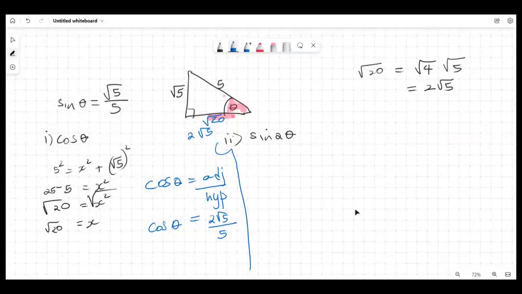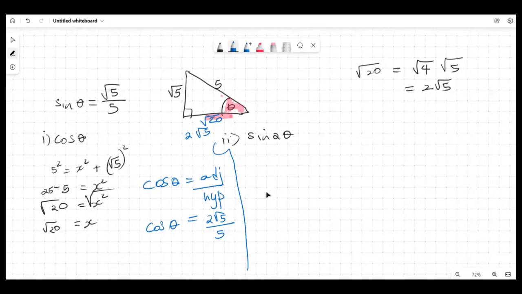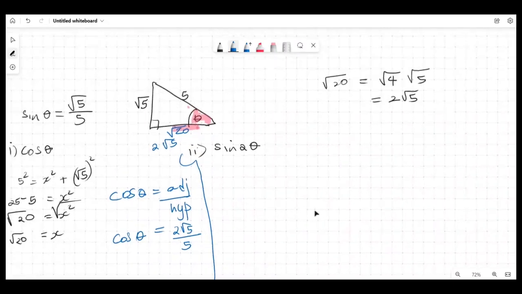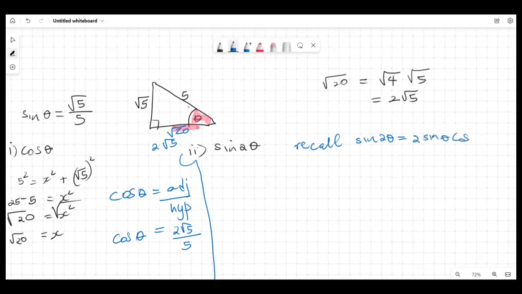This part now is when I'm saying that the identity comes in, where if I see this, you can't work out this. So what you're going to do, you're going to say that, hey, we want to recall this. Sine of 2 theta is the same thing as 2 sine theta cos theta.